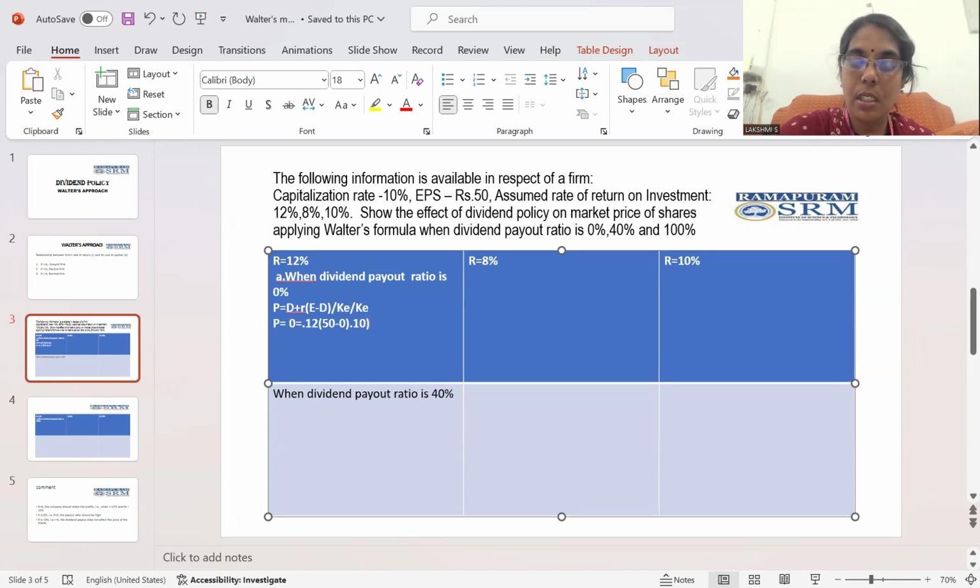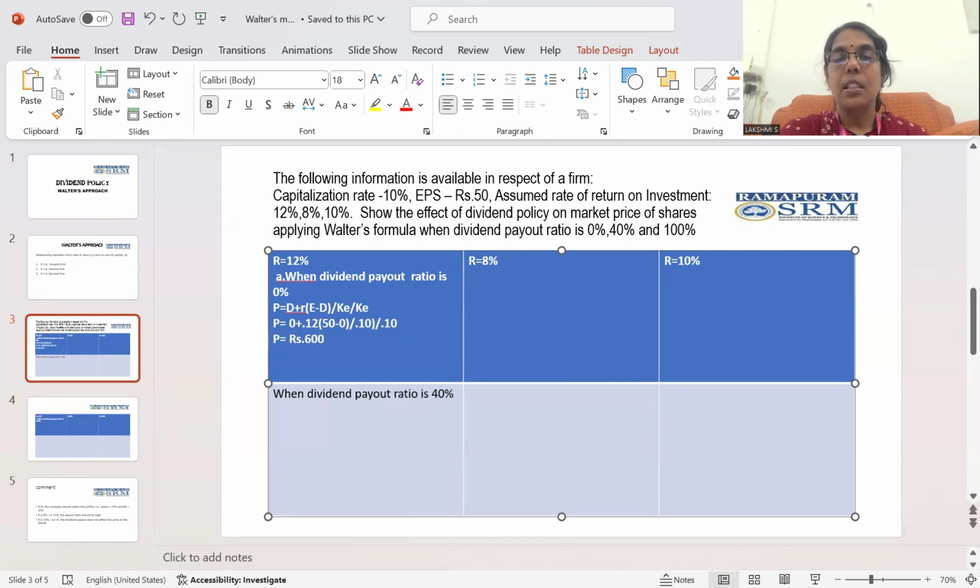The overall expression is divided by 0.10. So the price of the share equals 0 plus 1.20 into 500, which is rupees 600.